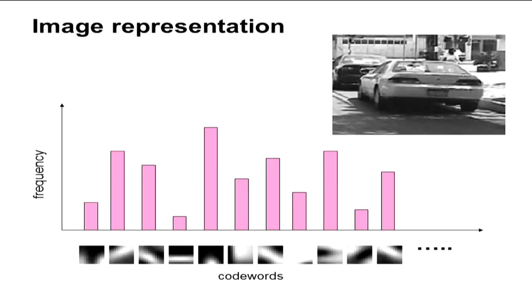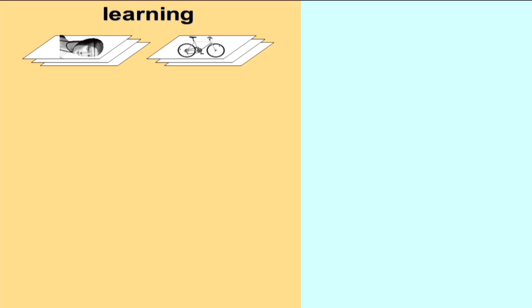These are your textons, code words, and this is how often they occur here. So you can see that it looks like a visual analog of bag of words. Except, of course, these don't quite look like that beautiful picture. There are no wheels and noses and cheeks and stuff, right? These things are much harder to understand, but otherwise, this is the same story.